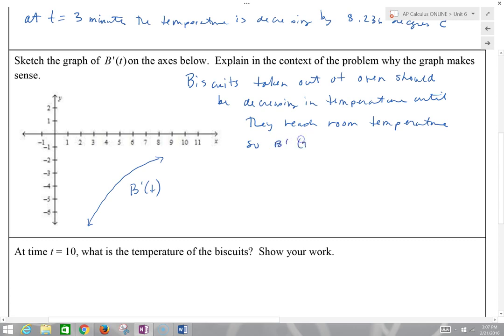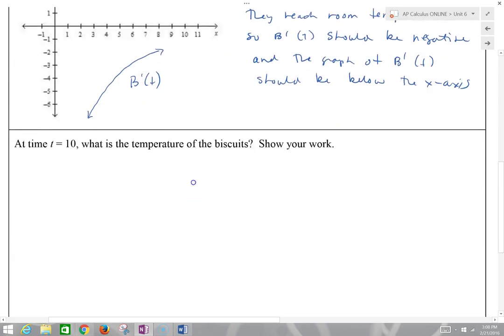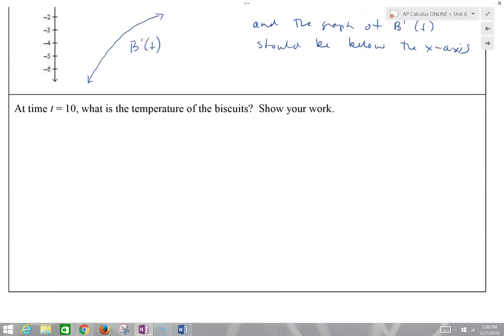So b prime of t should be negative. And the graph of b prime of t should be below the x-axis.